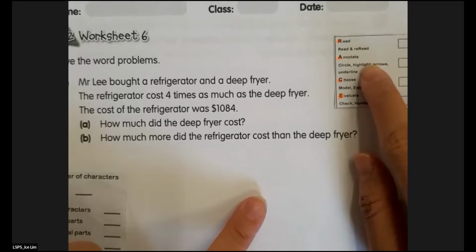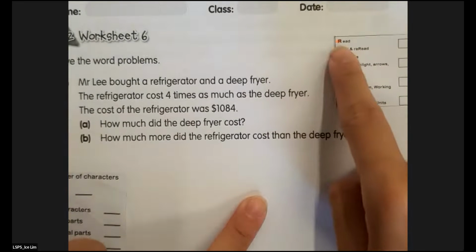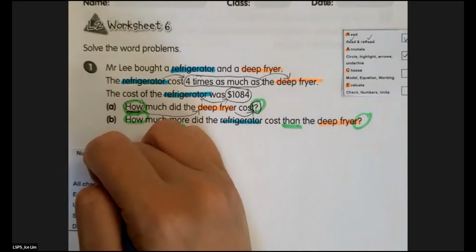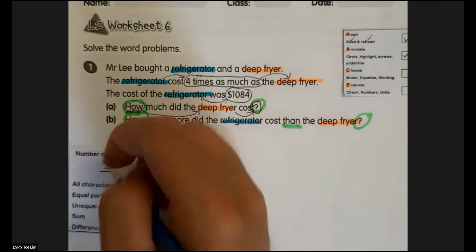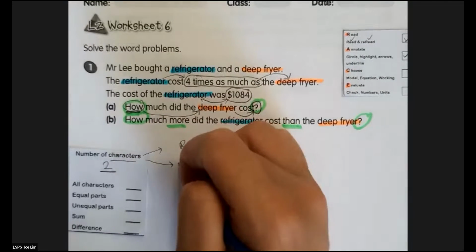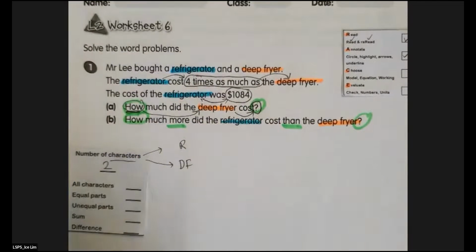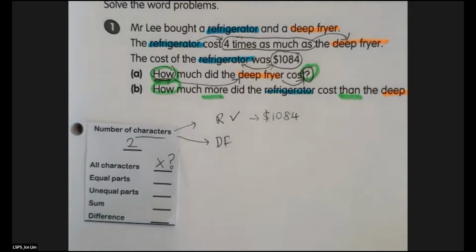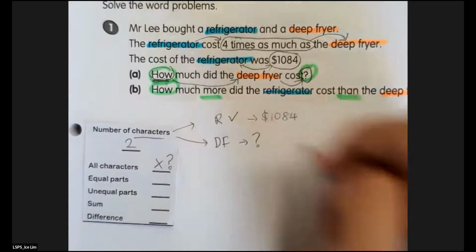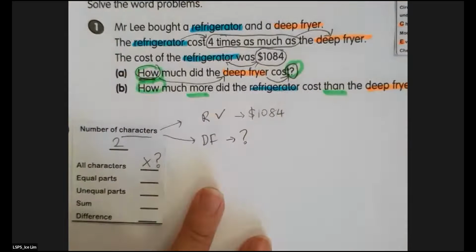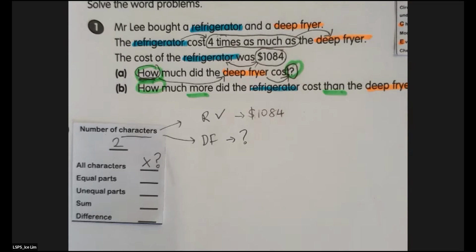Okay? Right. Here says, step 1, the refrigerator and the deep fryer. So I wrote down the characters, meaning I have the refrigerator and the deep fryer. Do I have both of the amounts? Do I have the deep fryer? No, deep fryer is a question mark. Okay. Now, in this whole question, do you see a phrase that says times as many as?